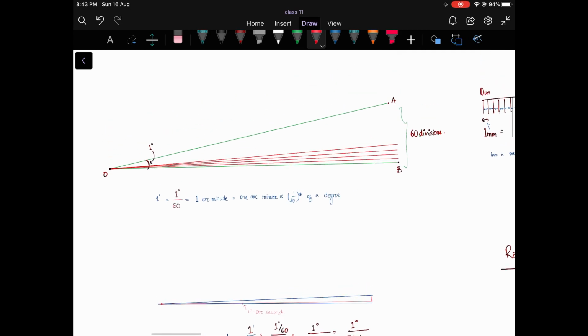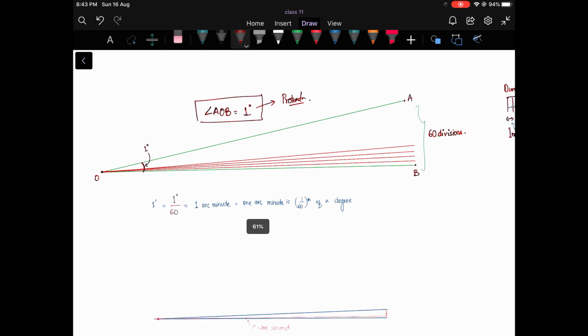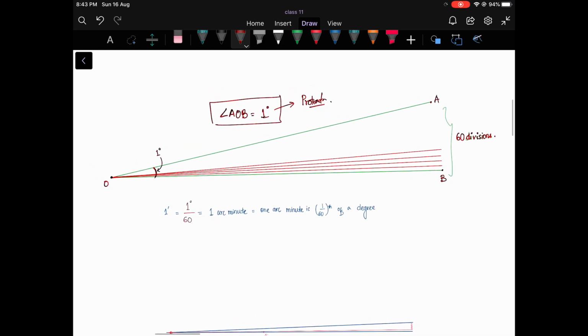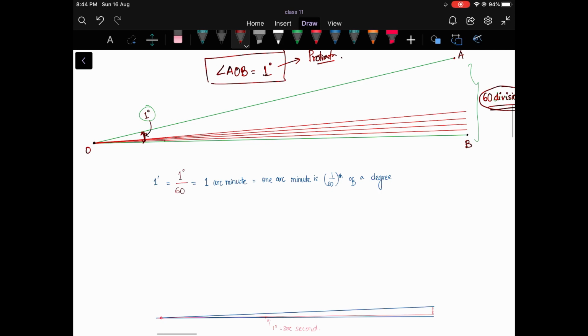Arc minute and arc second are simply units used for very small measurement of angles. For example, if this angle, that is your angle AOB, I've taken it to be equal to 1 degree, which is the 1 degree that you measure using a protractor. I've drawn it big, but it's actually a very small angle. Now what we do is that we take this 1 degree and divide it into 60 equal divisions, such that the measurement of the first division that we have here, we started calling it 1 arc minute.